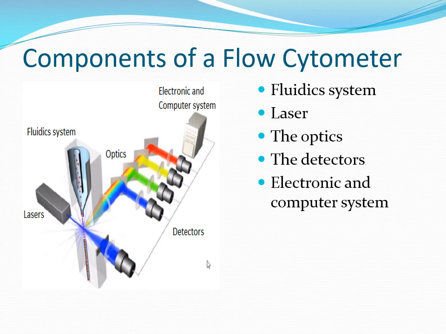Then there are the detectors which receive the light from the optics, and the electronic and computer system which converts the signals from the detector to digital data and performs the necessary analysis. The fluidic system provides the sample to the interrogation point and then takes away the waste. So it is the main point which governs the entire process.